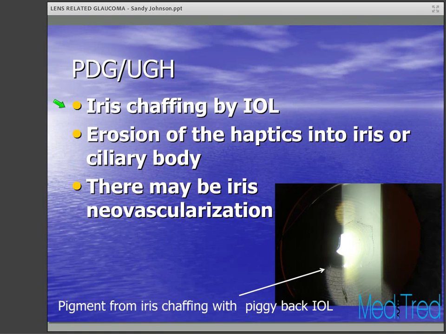So she had transillumination defects. She did not have erosion into the iris or ciliary body, but that's what gives you hyphema often. And of course, if an eye is very inflamed, they can get iris neovascularization. And this arrow here points to that circle of pigment that she has that's been heaped up pretty much over her pupil and giving her blur and exacerbating her glaucoma.